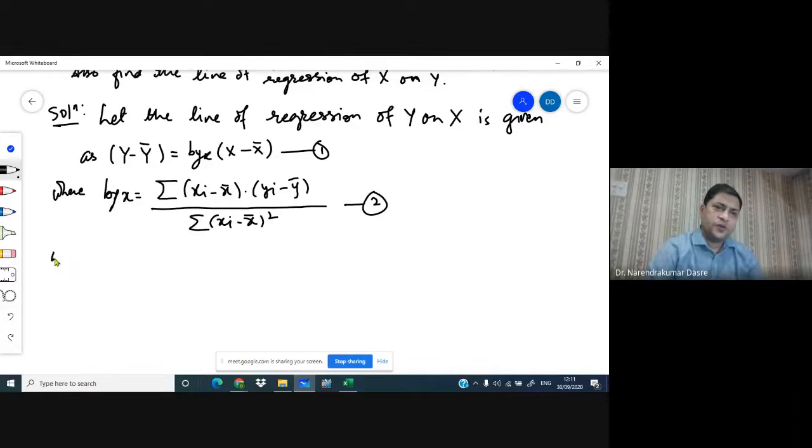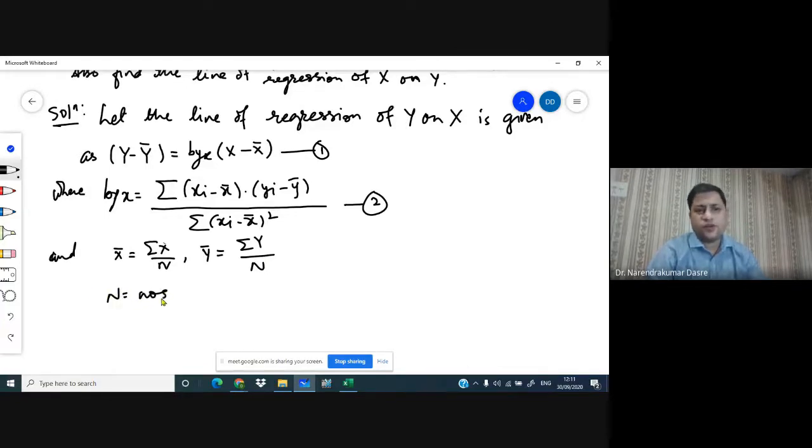And what we know is x bar is summation x upon n. Y bar is summation y upon n. Here we have to be careful. And what is n?